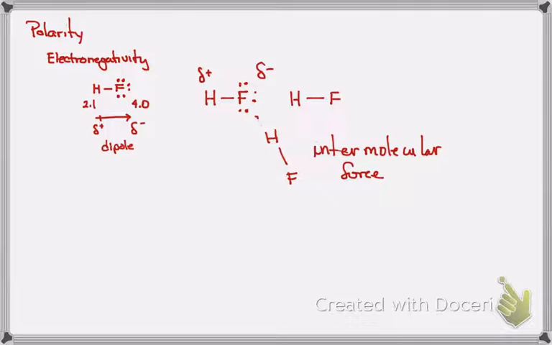Now, it can be a permanent dipole, like this is considered to be a fixed or permanent dipole, because it's inherent in the electronic structure of hydrogen and fluorine, okay?